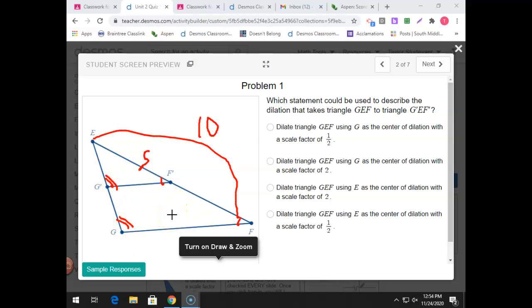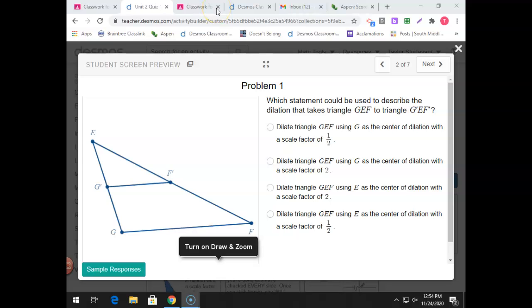So keep in mind that perimeter and side lengths change proportionally based on the scale factor. You would multiply or divide: if it's smaller than 1, you would divide by that number; if it's bigger than 1, you would multiply. Just keep that in mind, giving you some hints for the retake.